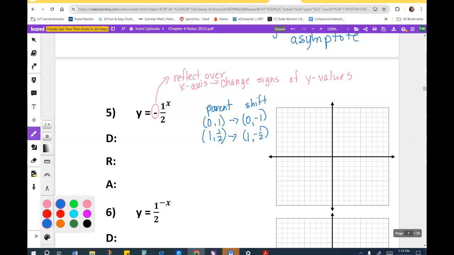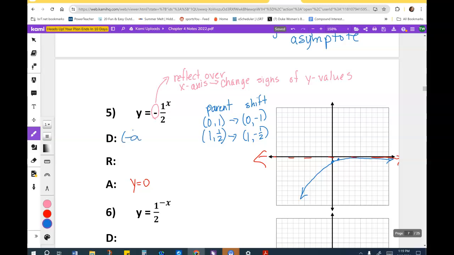And then again, I don't have a k, so my asymptote is y equals 0. Put that in there. And then I've got 0, negative 1, and then 1 and negative 1/2. And that kind of makes sense because if you think about the last one we did, this is just taking that last one, which was our parent, and flipping it over the x-axis.